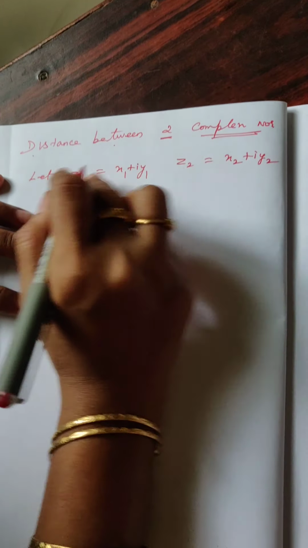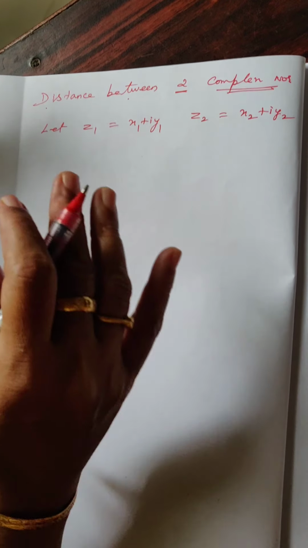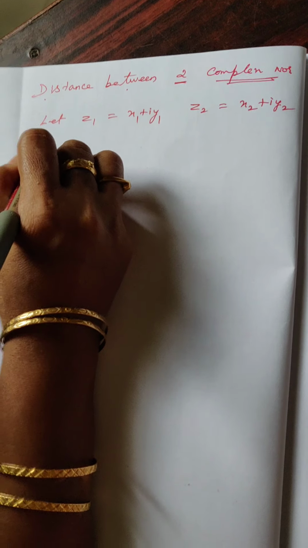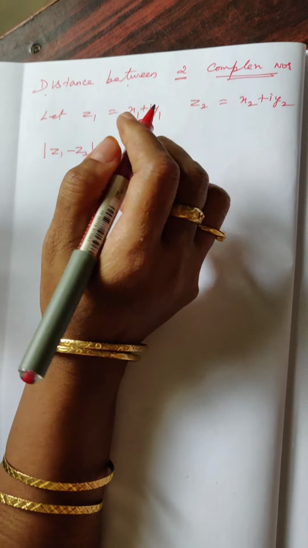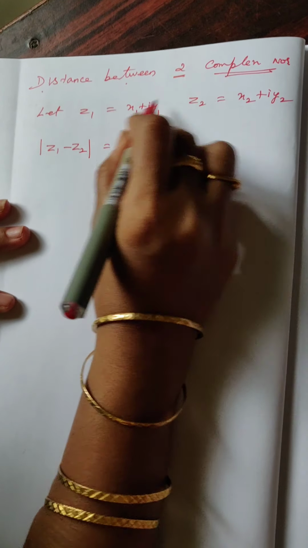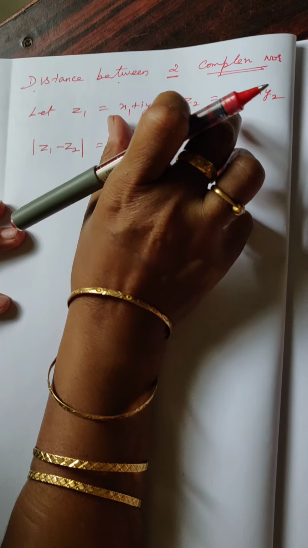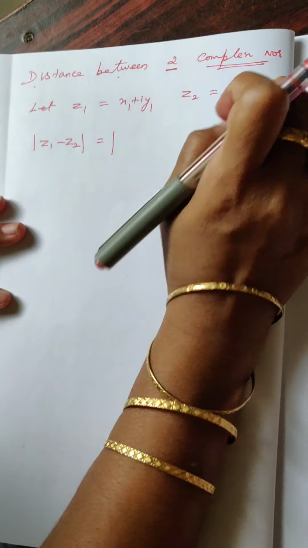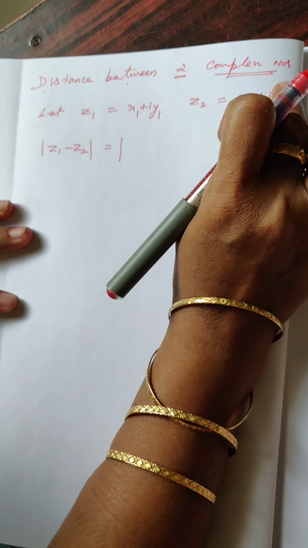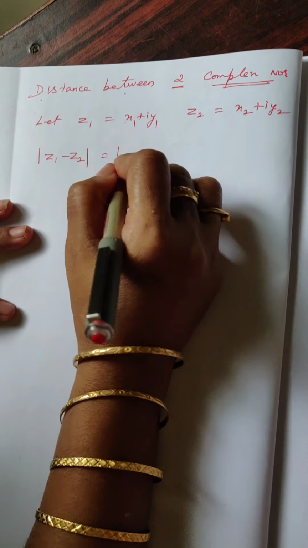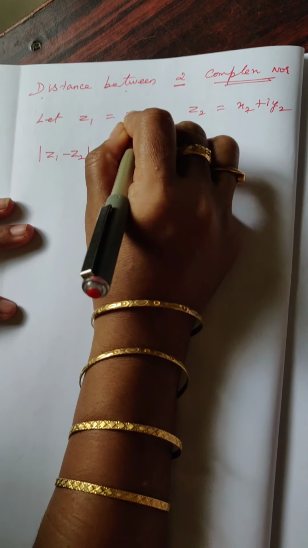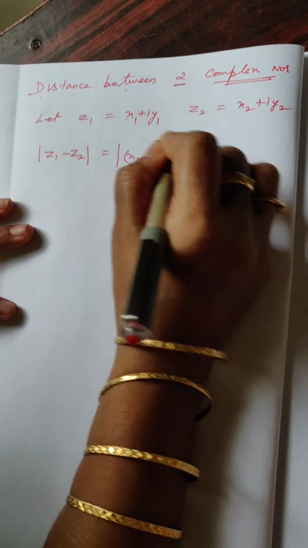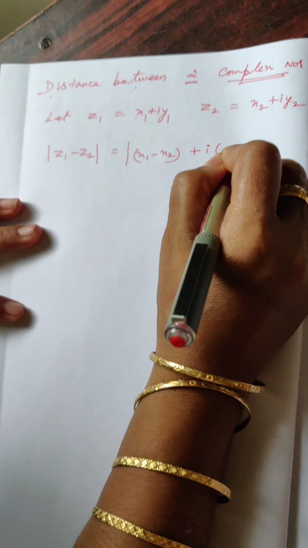Now I want to find the distance, and distance means we are going to find the modulus. So I am interested in finding modulus of Z1 minus Z2. Like in the number system, subtracting the real part and subtracting the imaginary part: x1 minus x2, listen carefully, plus i into y1 minus y2.